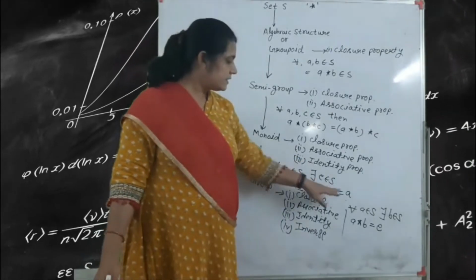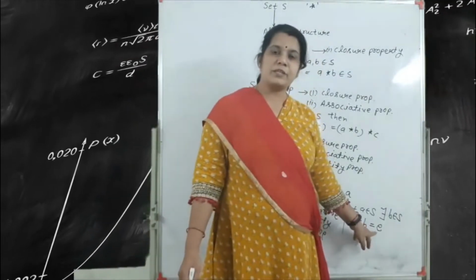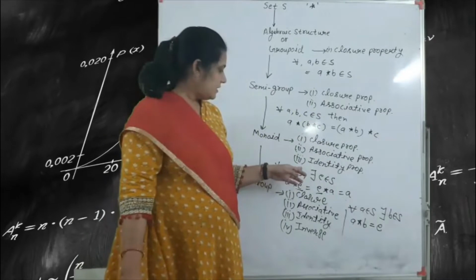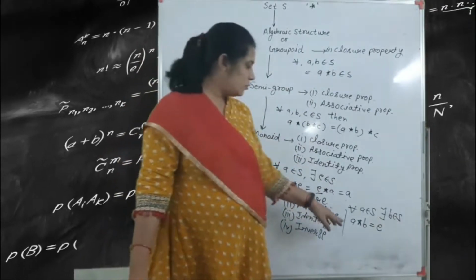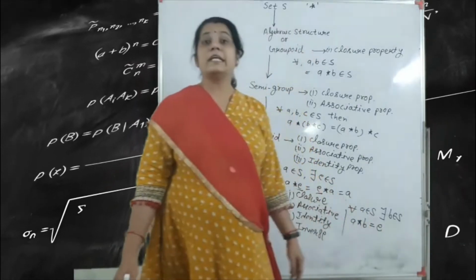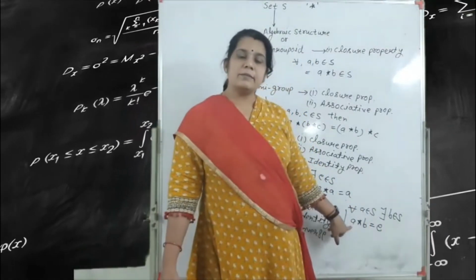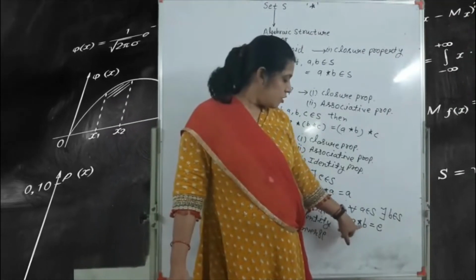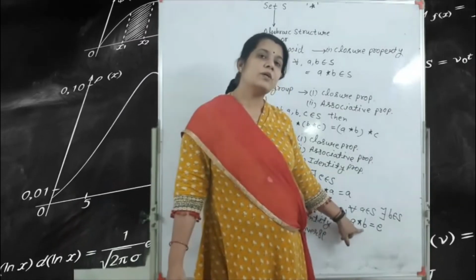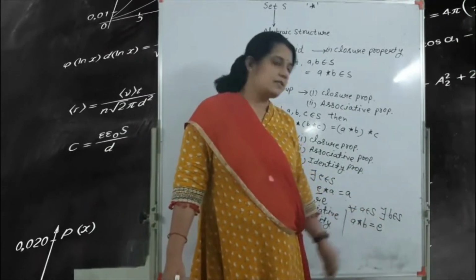The identity element you always write on the right hand side in the inverse property. Here the identity element is E, so A star B is equal to E. That means if we consider element A belongs to S, then the inverse of A also belongs to S, and A star B is equal to E.